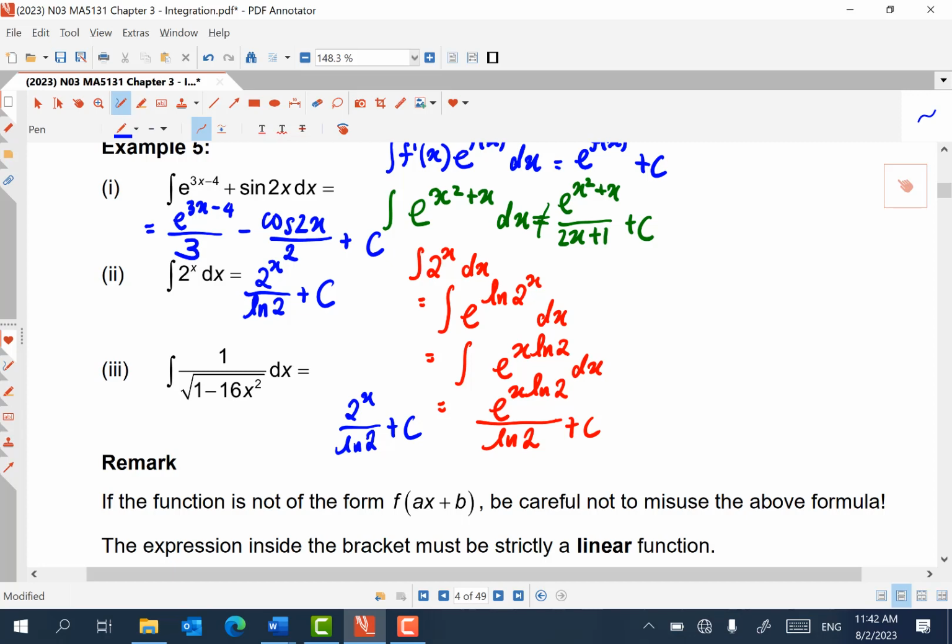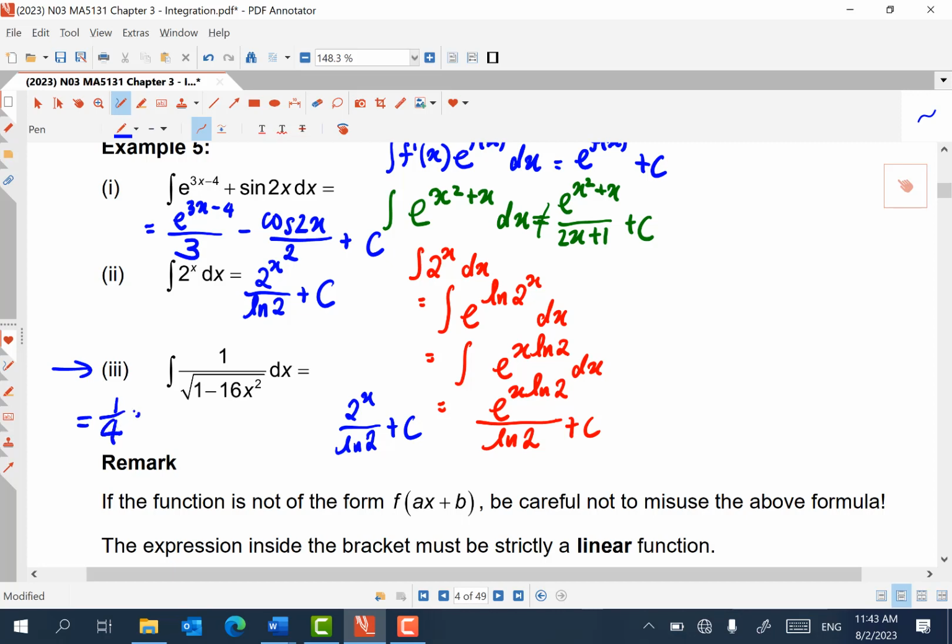Okay, for part 3, right? Let's hear from Hao Wen behind. How do you do a part 3? I use my MA 3132 knowledge. Okay, and which is off the cuff, please. Hao Wen. 1/4.